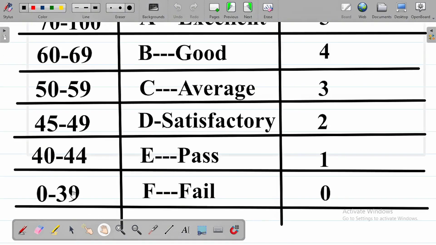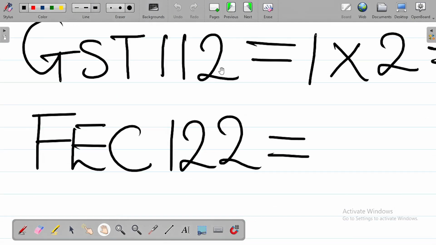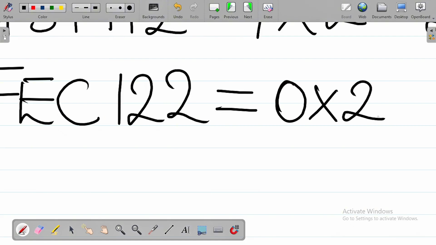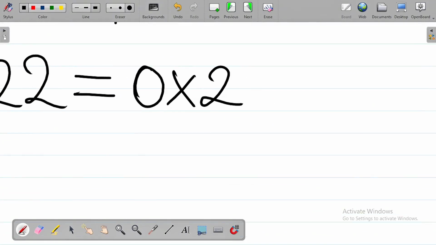Remember, 0 to 39 marks is F, and F is 0 points. So we have here 0, which is the point, multiplied by 2, which is the course unit. And 0 multiplied by 2 is 0.